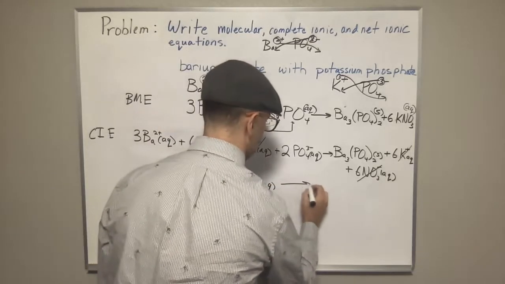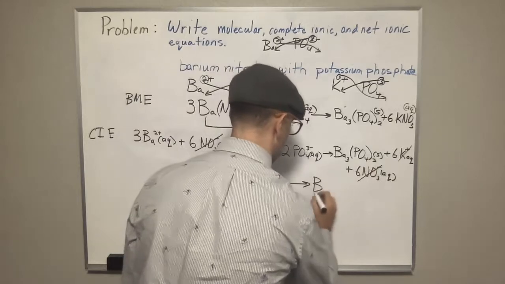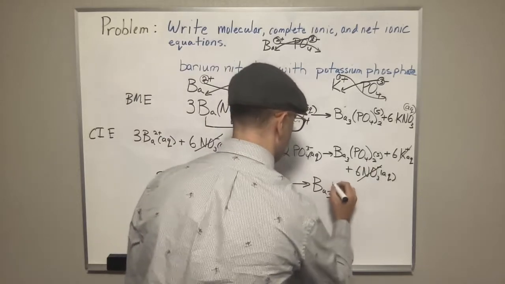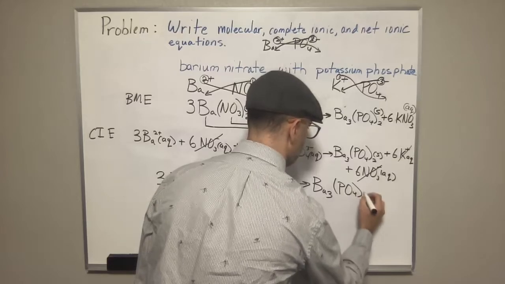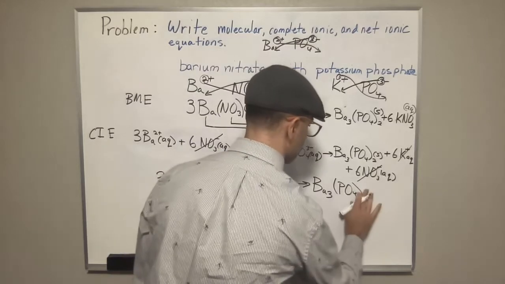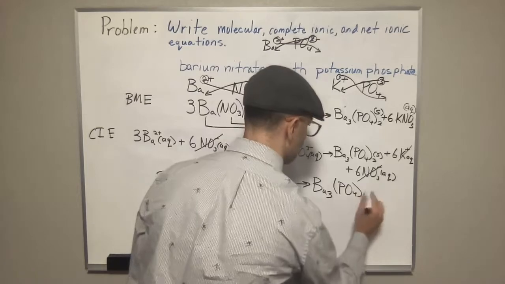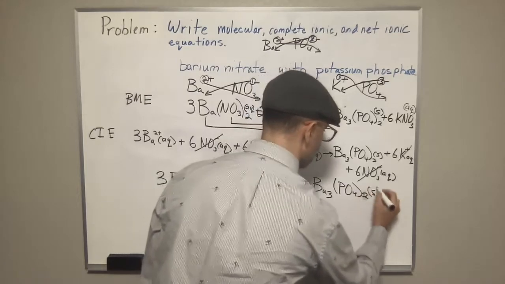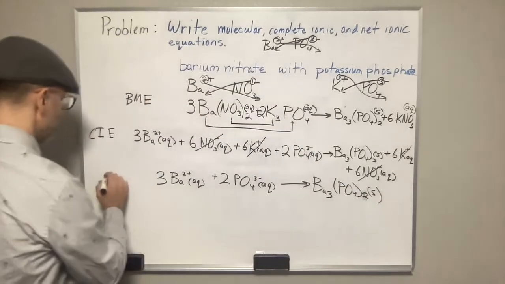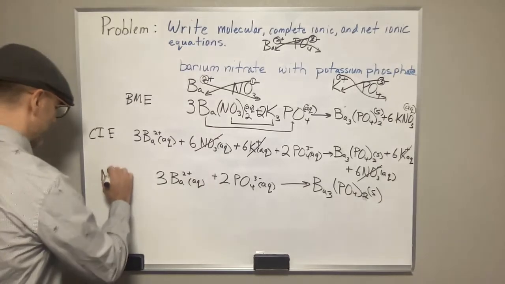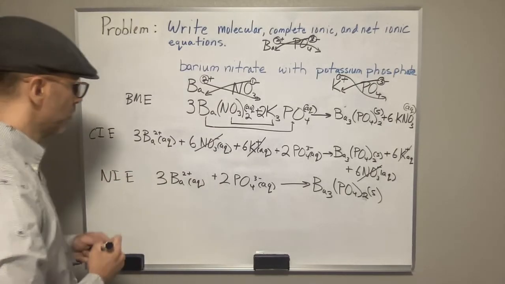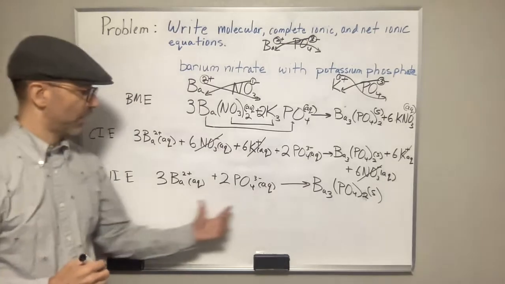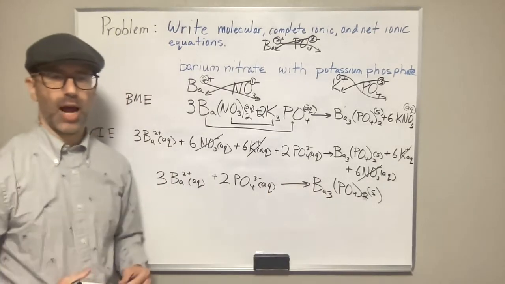And then that's going to go to your Ba3(PO4)2. Oops, that should be a 2. 2 solid. So this is your net ionic equation. And so these two come together to form your solid.